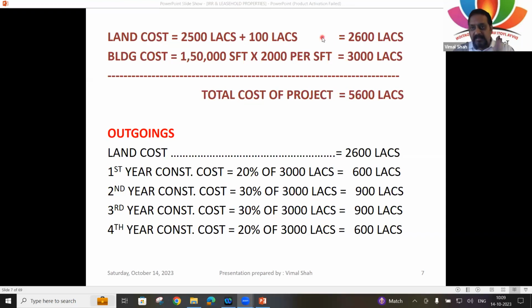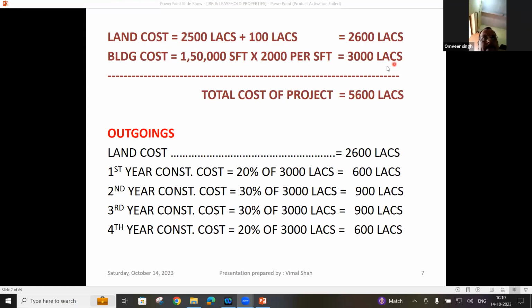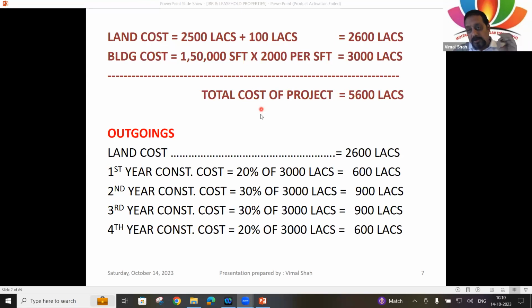So total he has 26 crores for the land. Building, it is 1,50,000 square feet. The cost of construction is 2,000 per square feet, right? So it is 30 crore rupees. So total cost of the project will be 56 crore.